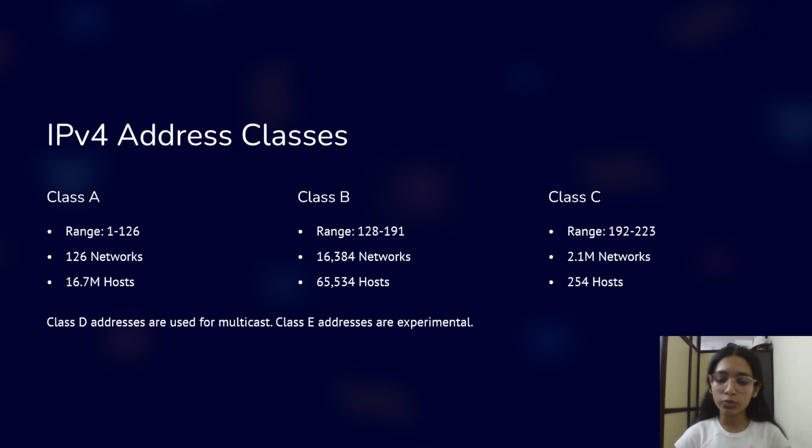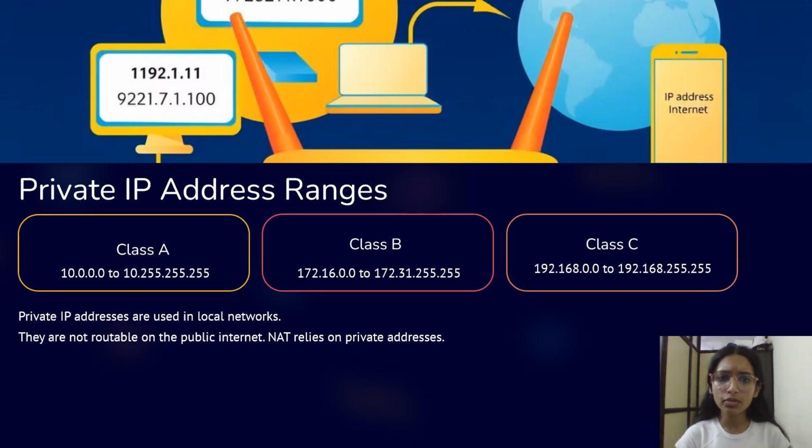Moving forward to Class D. Class D addresses are basically used for multicast, whereas Class E addresses are experimental. Moving forward, let's take a look at the private IP address ranges.